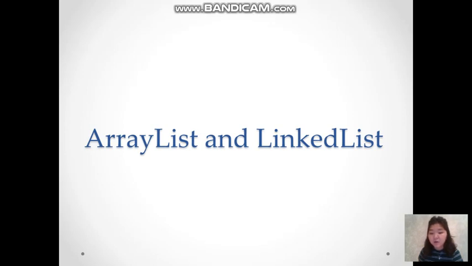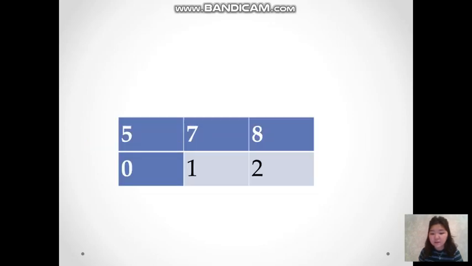So suppose that in array list you have such elements: 5, 7 and 8. What happens when you add elements in between? Let's say I want to add an element after 5. If I add the element 6 in code, I should use the method add(1, 6), and the other elements will take the next index numbers.